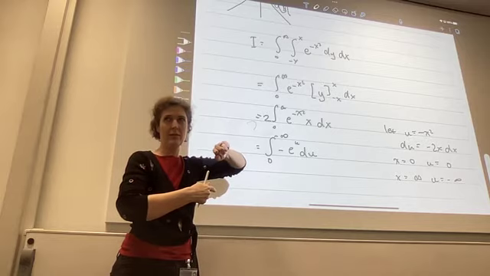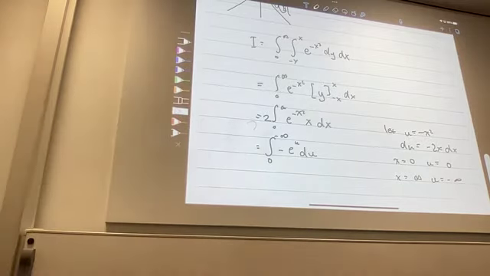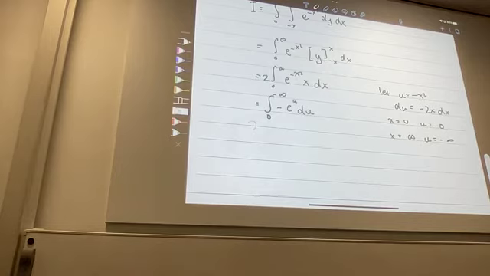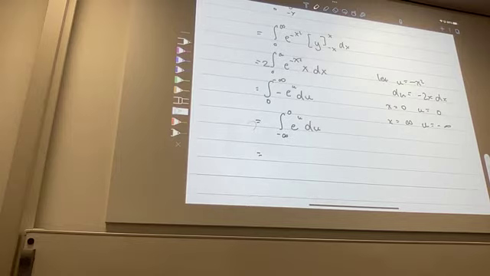We're getting hung up in the details here, which is minus infinity to 0, e to the u du. Go and revise single integral limit changing if you need to.